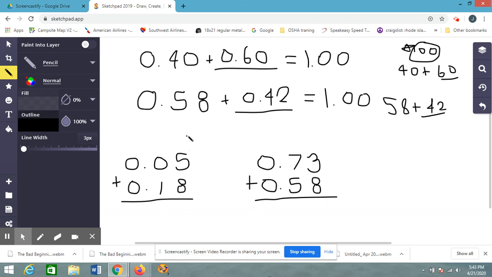Start all the way to the right at the hundredths. 5 hundredths plus 8 hundredths equals 13 hundredths. So you put the 3 there, and those other 10 hundredths became a tenth. Because if you remember, 10 hundredths equals a tenth. We spent a lot of time with that.